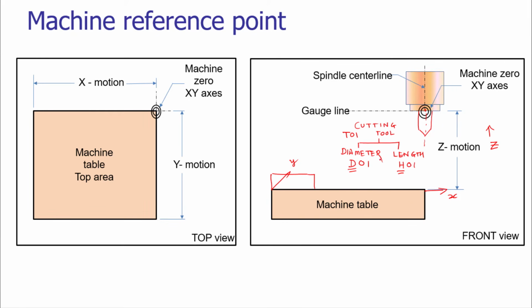So these are the register values in the machine control unit. The operator has to manually feed these values. So we have to feed these values D01 and H01. These are the constant values that need to be fed essentially. In a similar way, you have to feed the values for the tool T02, T03, so on and so forth.